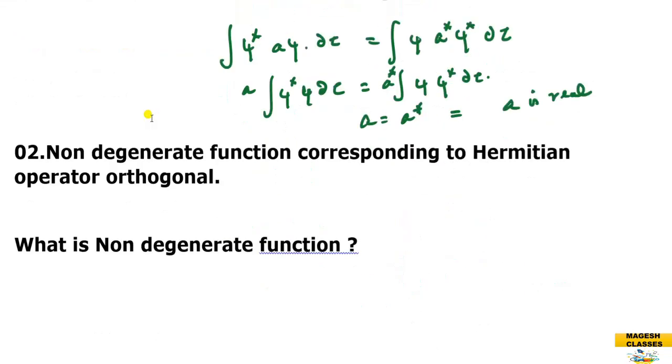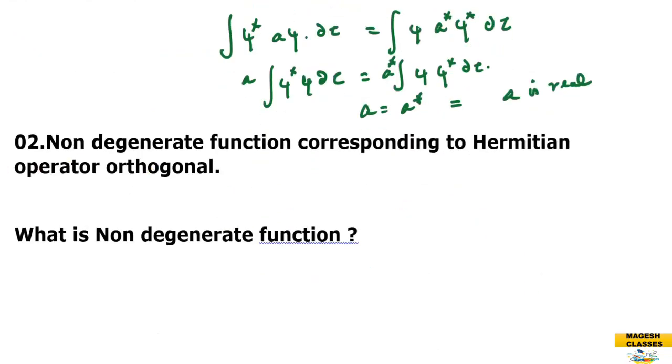And the second one: the non-degenerate functions corresponding to a Hermitian operator are orthogonal. So the first property, the eigenvalue obtained from the Hermitian operator is real. Whether any non-degenerate functions corresponding to the Hermitian operator are orthogonal. Before explaining this second property in detail, first of all we have to know what a non-degenerate function is. Suppose A is the operator, and operating on the wave function psi1 gives the eigenvalue a1.